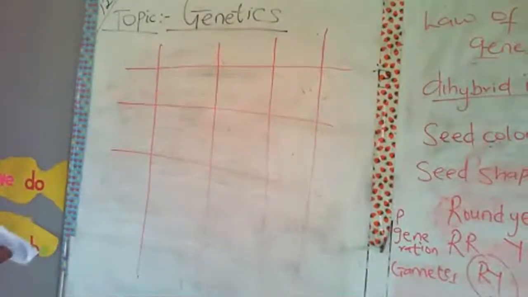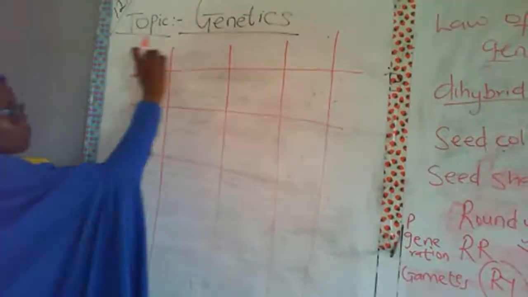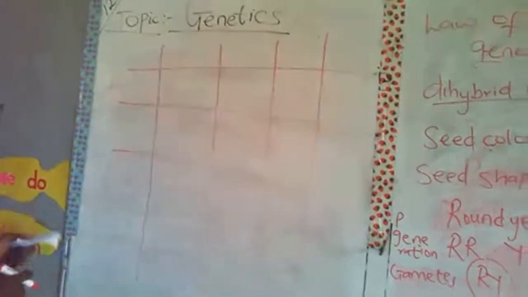Now, the male and also the female. So the male should be here, then the female should be arranged here.